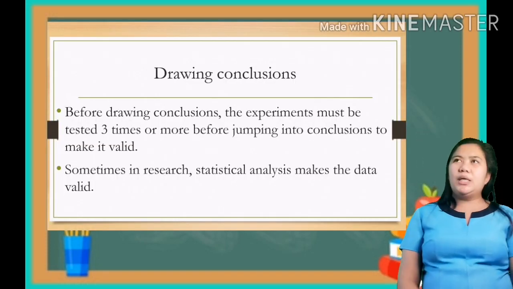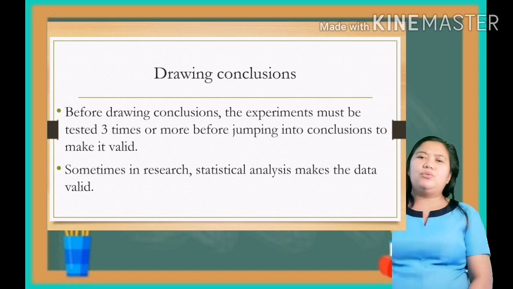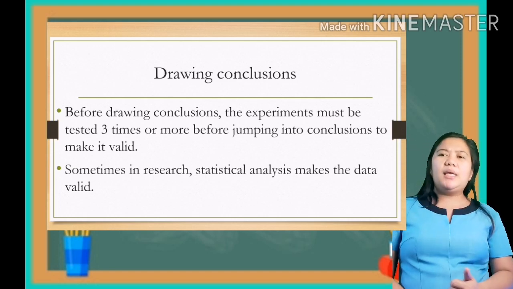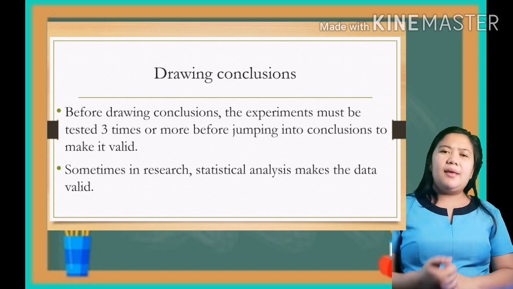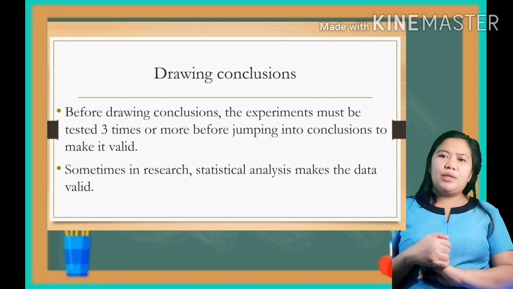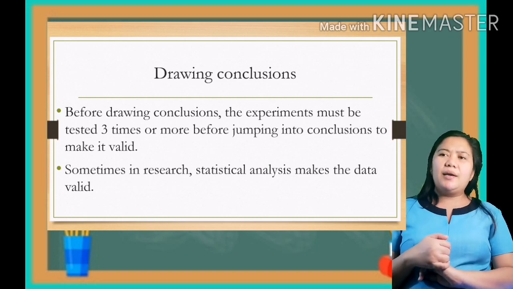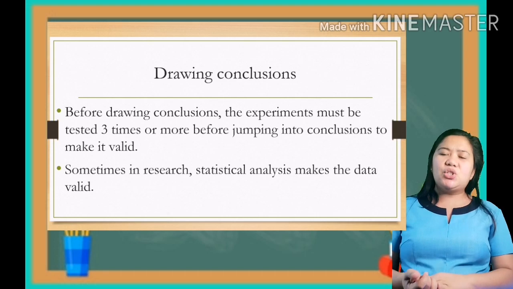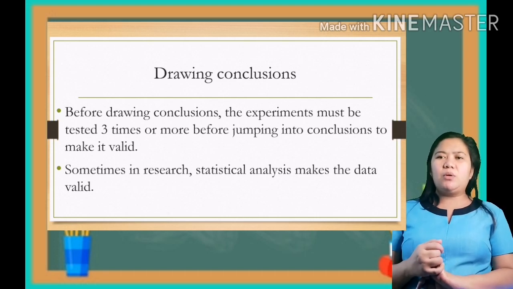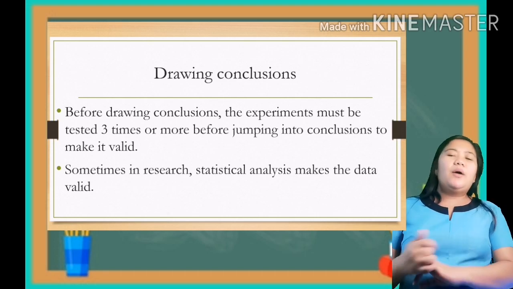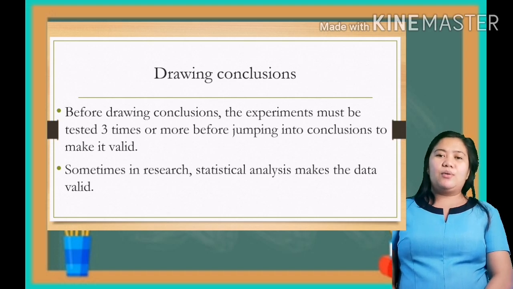Now, after you get the data weekly or monthly from the factors or from the dependent variables that were changed by your independent variables, now you are ready to draw your conclusion.